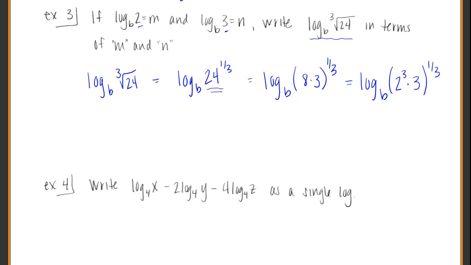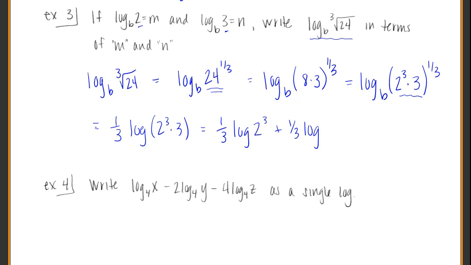All right, let's finish cleaning this up. Let's expand this log out, because I'm taking the log of a product and I can split it up. Let's move the 1/3 down front. So it'll be 1/3 the log of 2 cubed times 3. When I expand it out, I'm multiplying 1/3 times the log of 2 cubed, plus 1/3 times the log of 3.